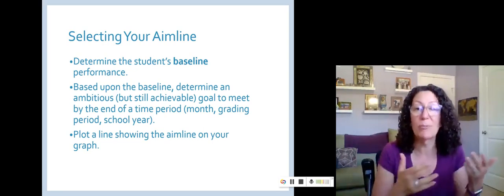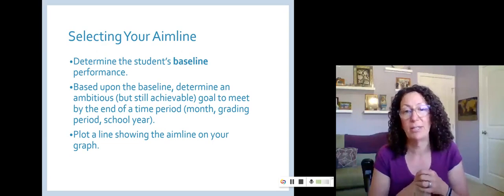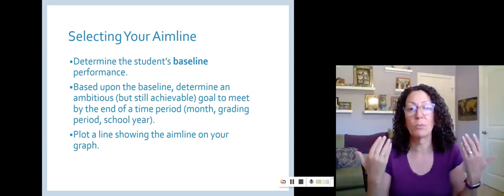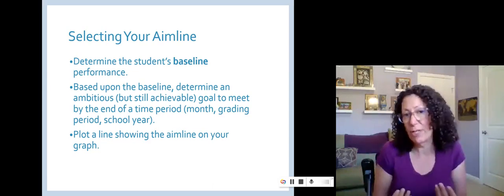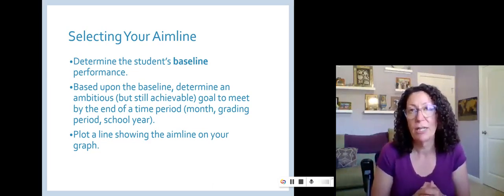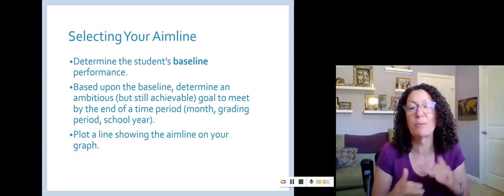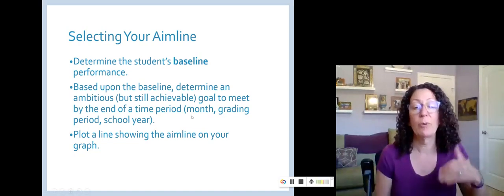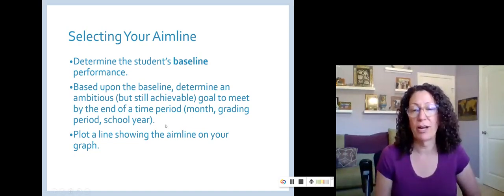Maybe we could do it in 30, but we can't do it in 20 weeks. So we have to think, how much time do we have, and is it even reasonable to believe we can get to a particular point? I'm not going to talk much more about that in this particular video, but if people want to talk about that, we certainly can. And then we want to plot that aim line on our graph.